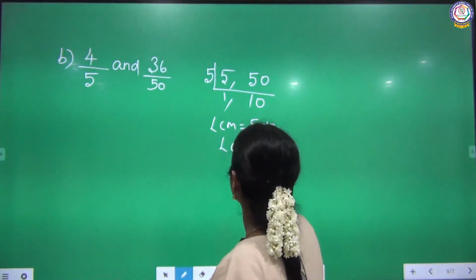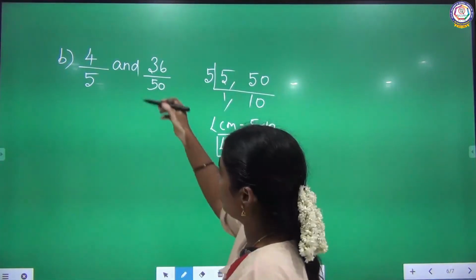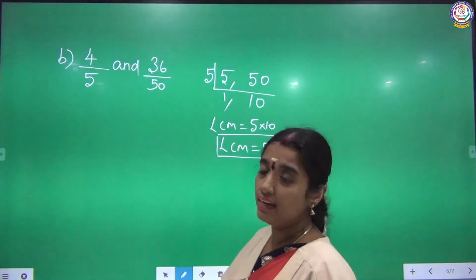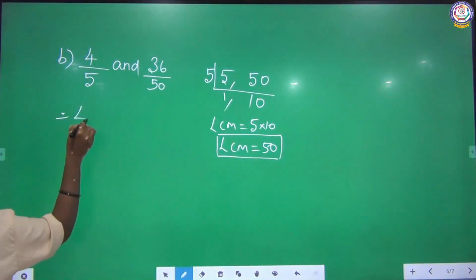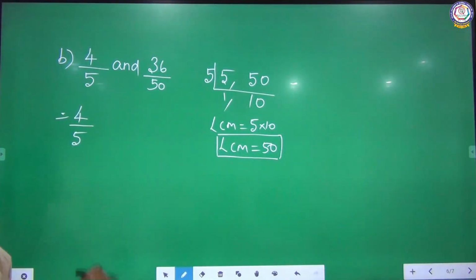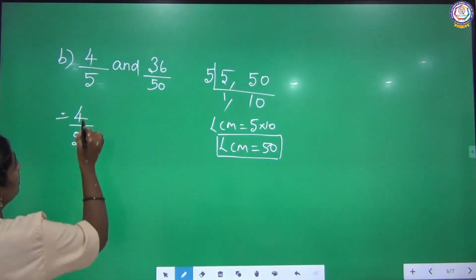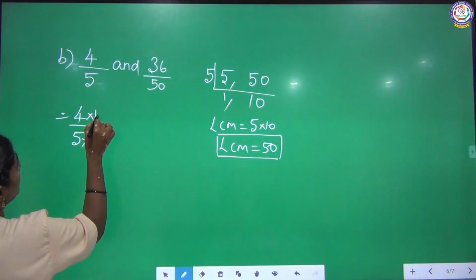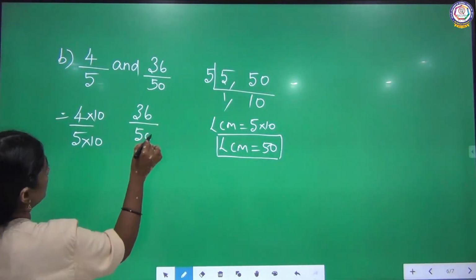So LCM is 50. Already 5 is there in the denominator of 4 by 5. I make my denominator 50. So 4 by 5 is there. So I multiply this by 10. Here also in the numerator I multiply by 10, and 36 by 50 is there.